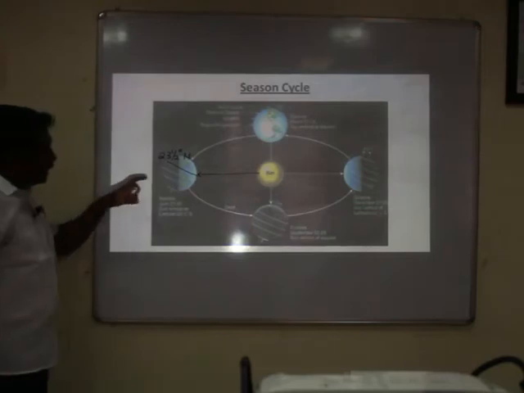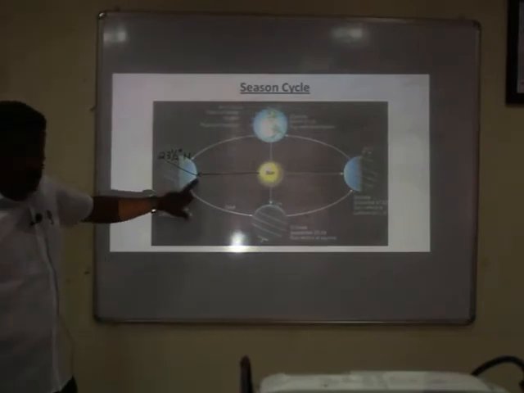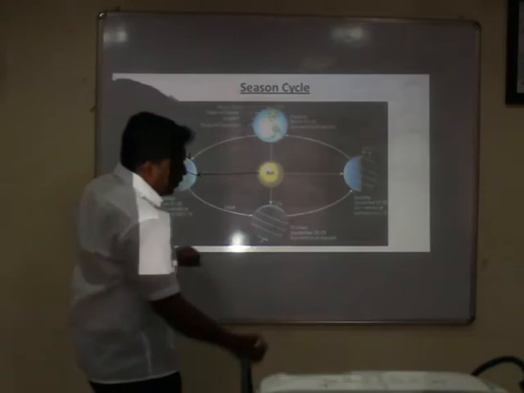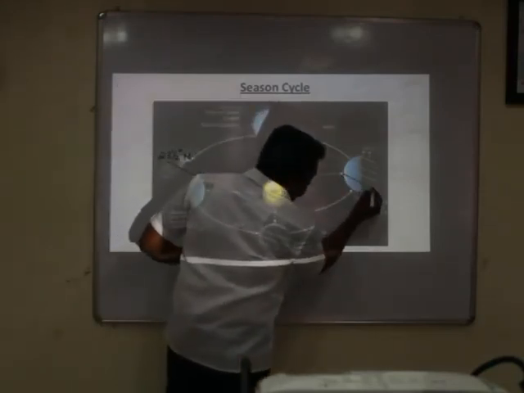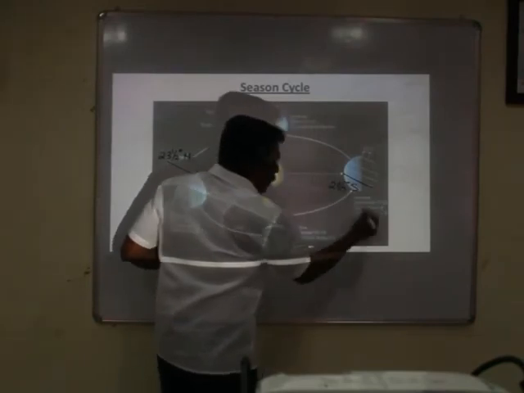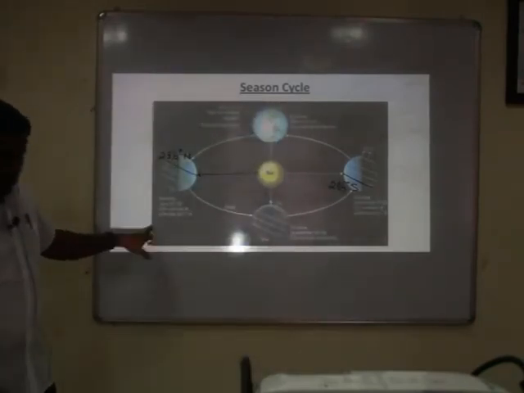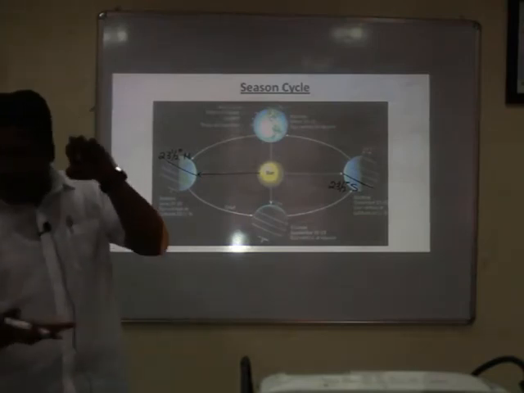Tropic of Cancer. Correct? The sun's vertical rays will fall exactly over what? Tropic of Cancer. Am I right? Similarly, if you ask me where exactly the sun's vertical rays falls on December 22nd, it is Tropic of Capricorn. Am I right?